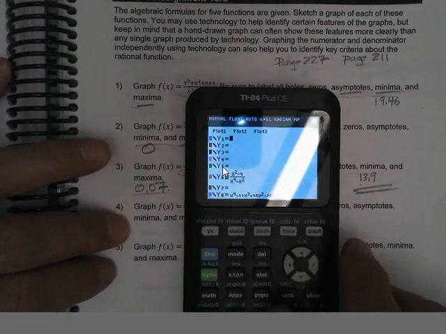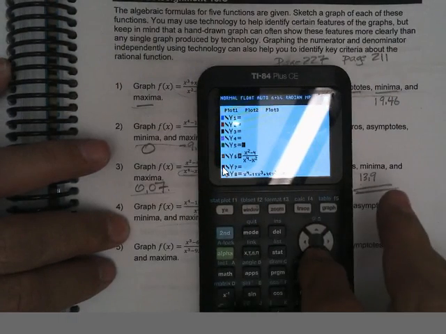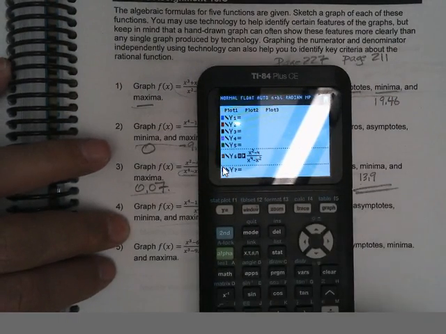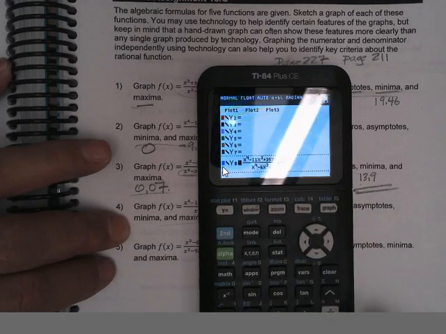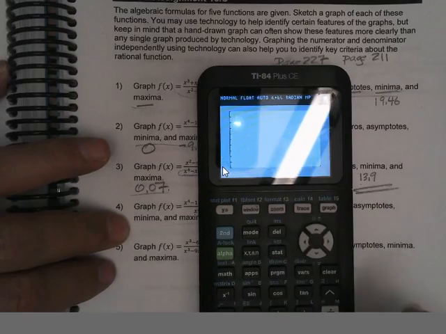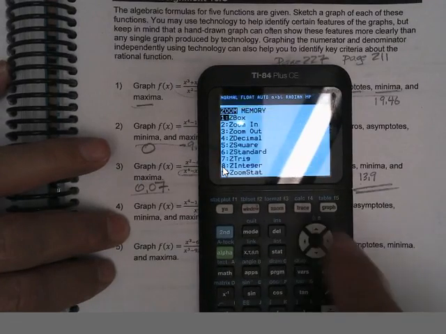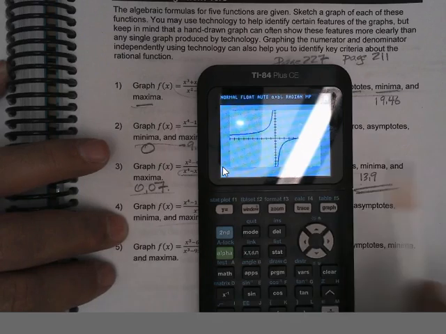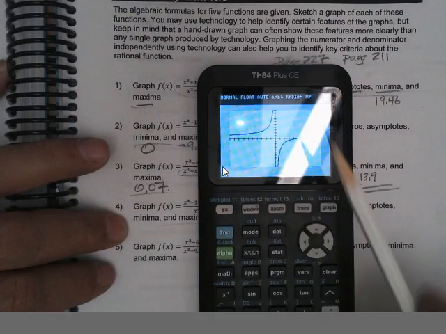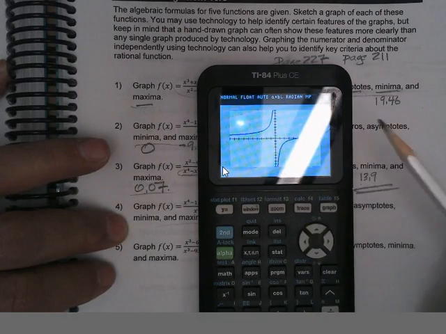So we're going to now clear that one. Go to this one, turn it on, graph, zoom 6. So this looks like it just constantly goes up, and this one just constantly goes up.